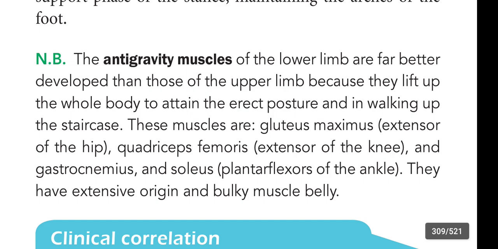Gluteus maximus is the extensor of the hip, and quadriceps femoris is the extensor of the knee. This quadriceps femoris is present in the anterior compartment of the thigh. I think it is clear.